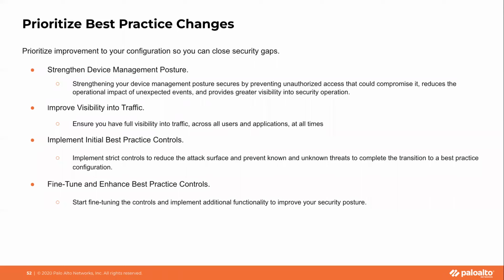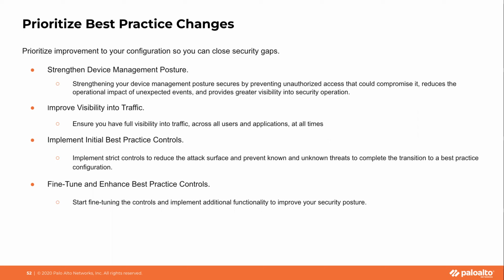After you implement your control over your network traffic, start fine tuning the controls and implement additional functionality to improve your security posture. If you have not converted internal applications to custom applications to gain visibility and control of the traffic, convert internal applications to custom applications.